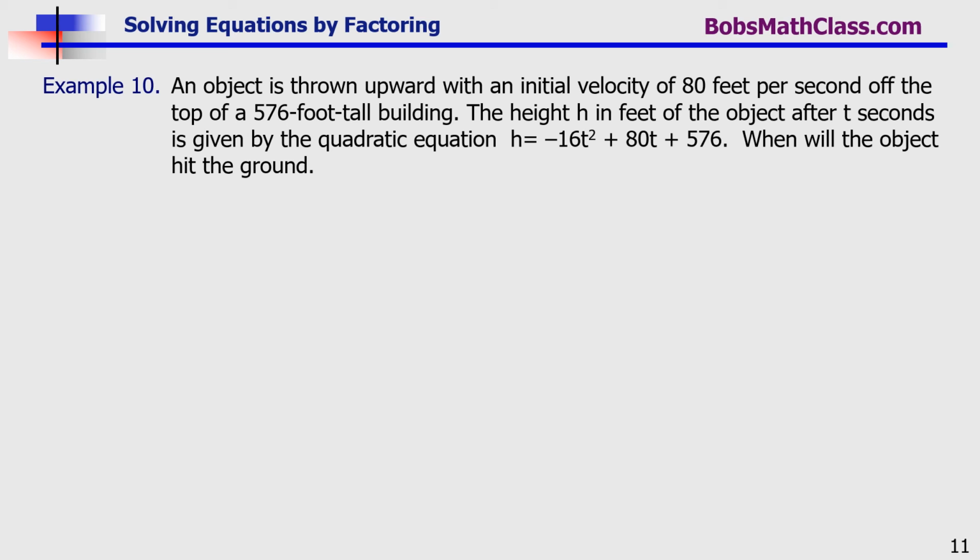An object is thrown upward with an initial velocity of 80 feet per second off the top of a 576-foot building. So think about somebody throwing a baseball up in the air from the top of a building.